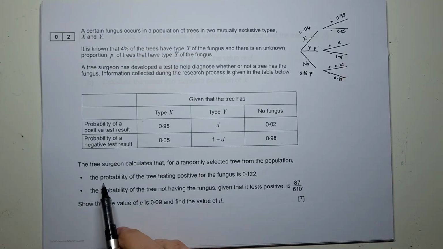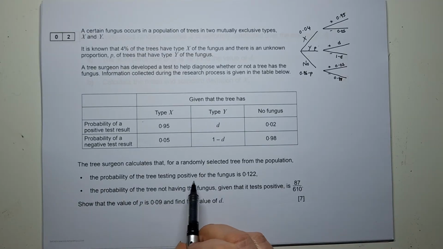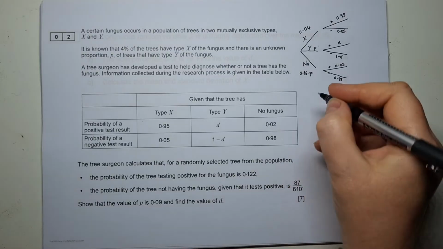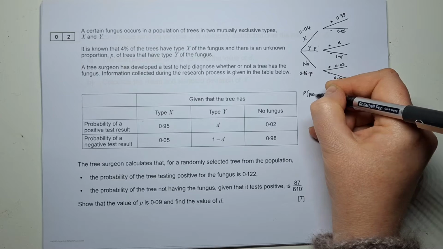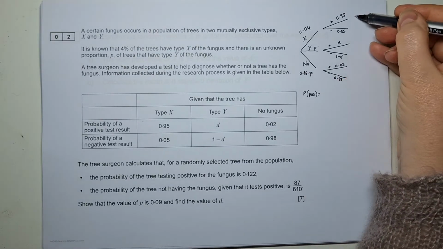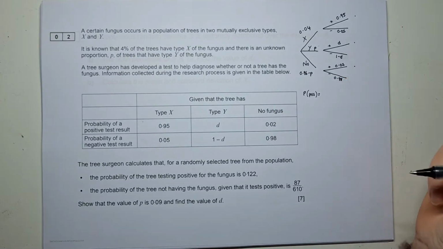So we are told, first bullet point, the probability of the tree testing positive is 0.122. Okay, so this is not dissimilar to what we normally do. There's 3 ways we can test positive, so each of those 3 branches multiplied and added together is going to equal 0.122.